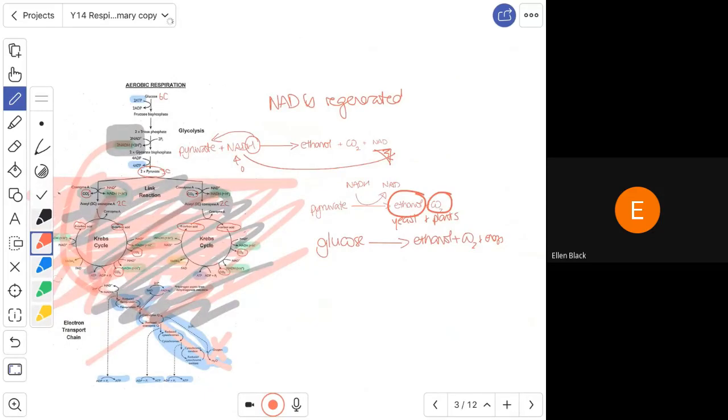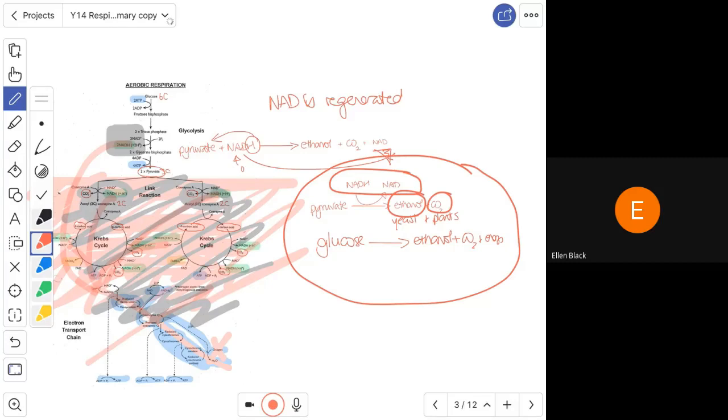And so the whole point of this happening is to allow glycolysis to keep on going in the cell. If that didn't happen, glycolysis would happen once, and then there'd be no more NAD. So to allow it to keep on going, this process here has to happen. So that happens in yeast cells or in plant cells.